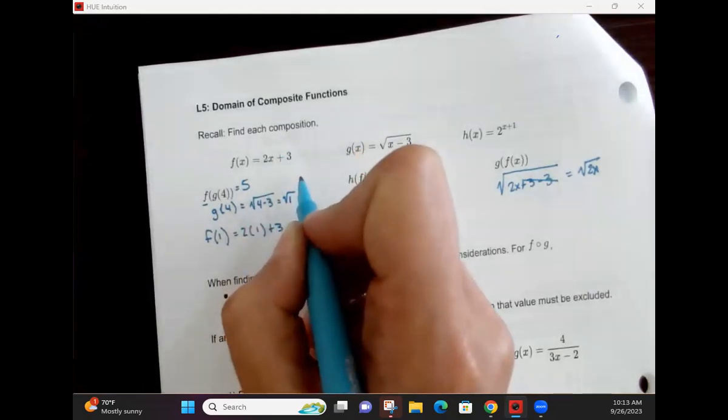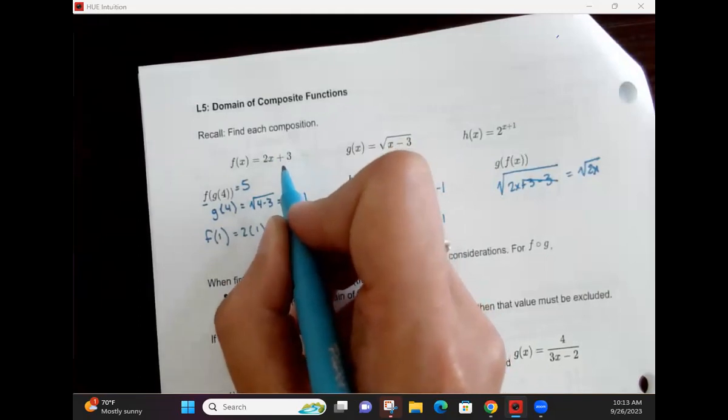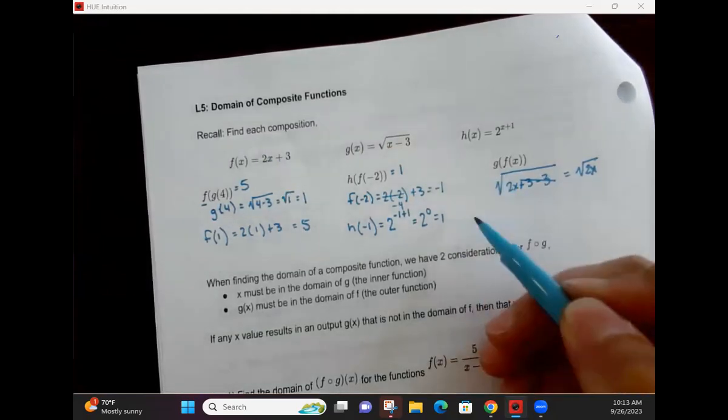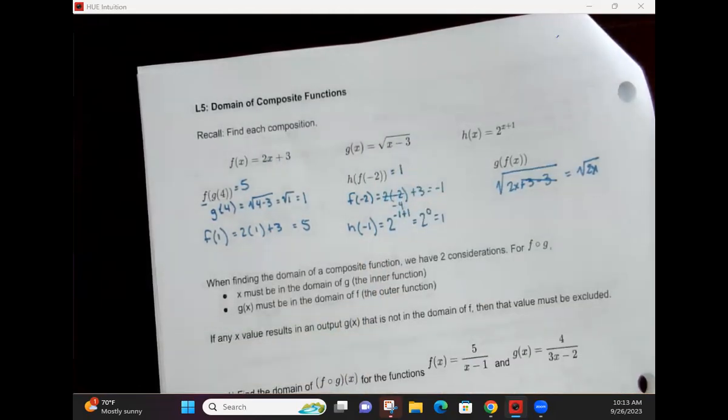If it can't be in the domain of f, it can't be in the domain of the composite. Okay? Does that seem reasonable? Okay. The other thing I need to think about is the domain of g. If it can't be in the domain of g, I'm going to have a problem for the domain of my composite function as well.